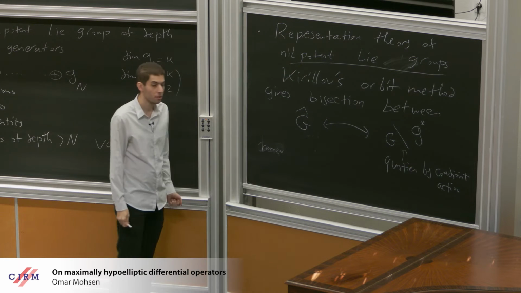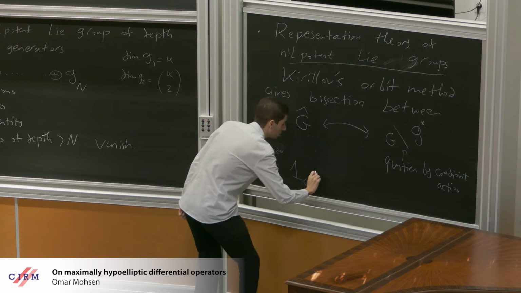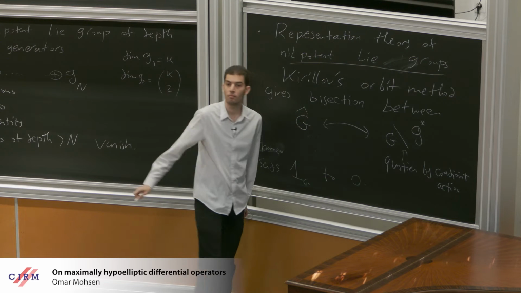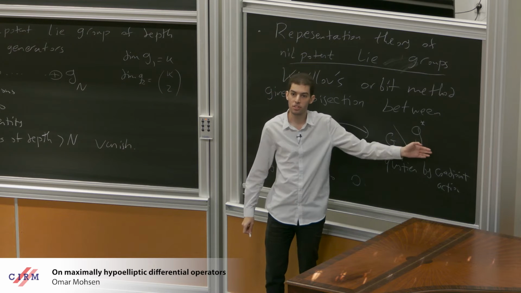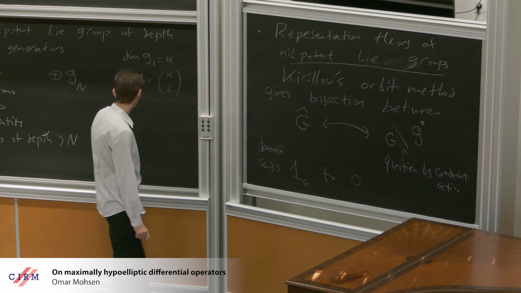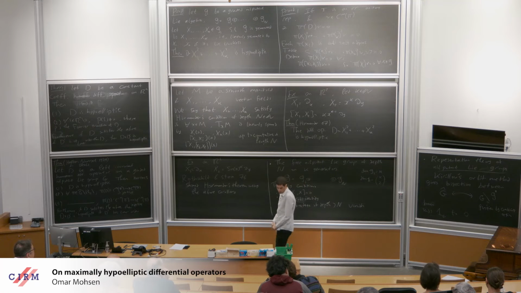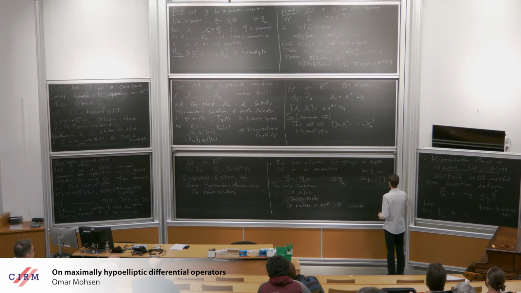It sends the trivial representation to 0. The coadjoint action is linear, so 0 is an orbit. Okay. So it's a very nice bijection, and they describe it using this bijection. So I want to go up. I want this to go up.